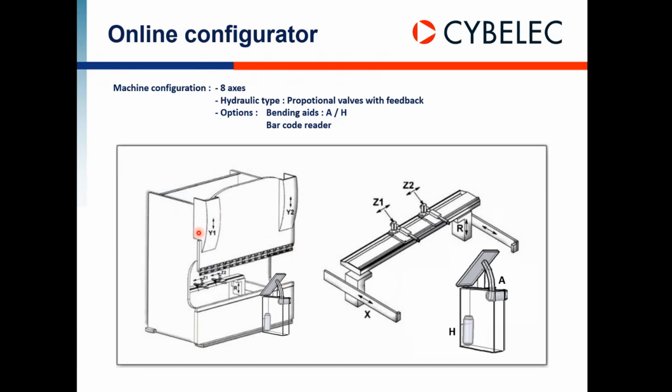So here we have Y1, Y2, XR, Z1, Z2, A. A is the rotative axis of the bending assistance, and H, which is the sheet support of the bending assistance. In this case, H will go to the same height as the die, and when the beam goes down, A will follow the metal sheet being bent in real time. So how do we find a controller for this machine?